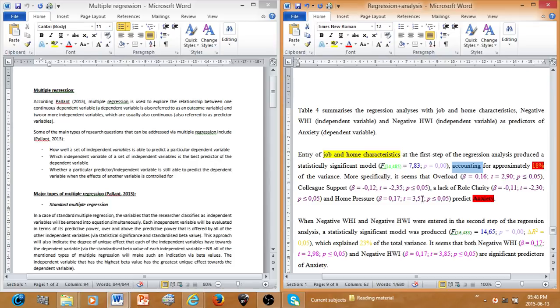Okay. So now, overload, colleague support, lack of role clarity, as well as home pressure were found to be statistically significant. Here it is mentioned that they are seen to be predictors of anxiety.